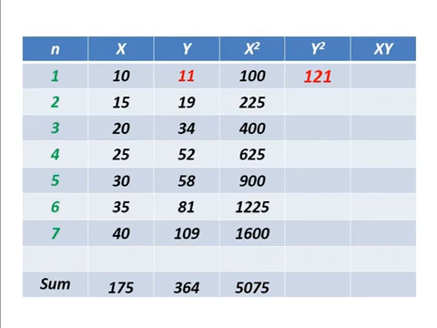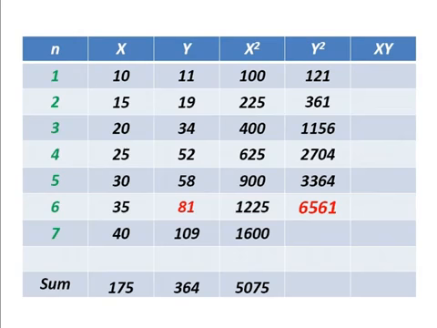Now what we're going to do is y squared. The first item of y is 11, and the square of that is 121. 19 squared is 361. 34 squared is 1156. 52 squared we get 2704. 58 squared we get 3364. 81 squared is 6561.